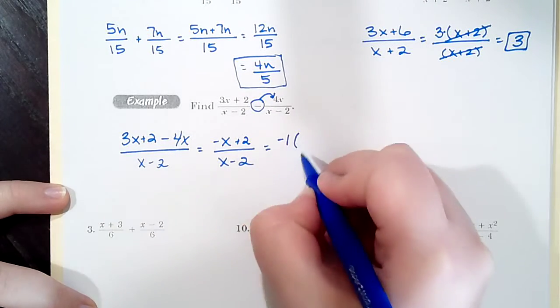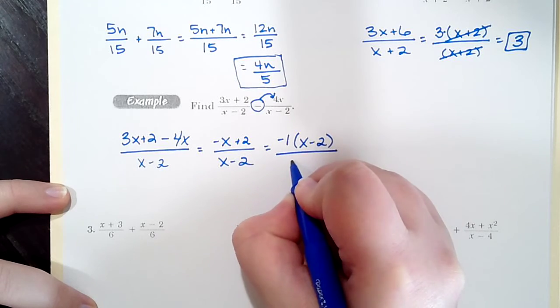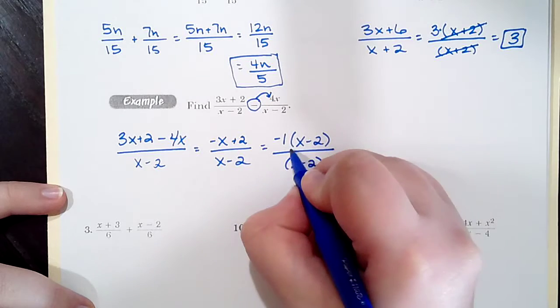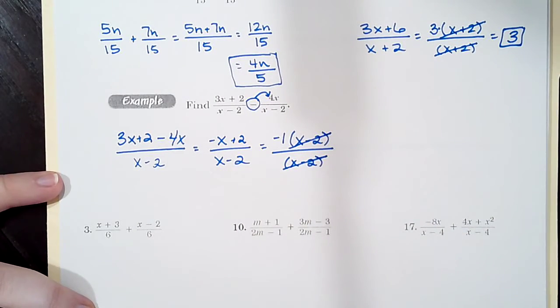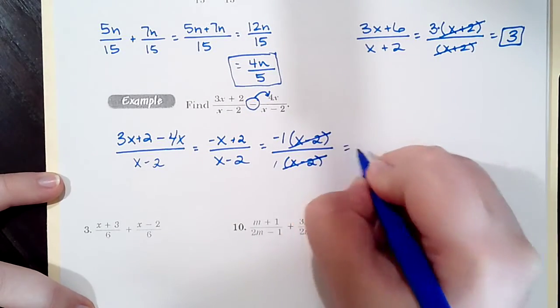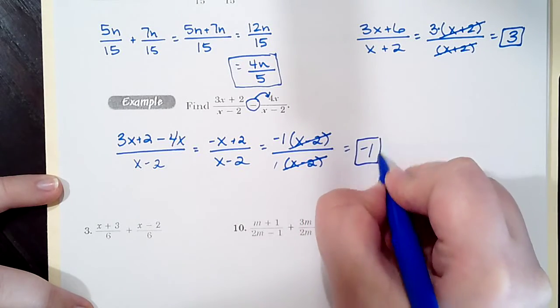If I do that, I get -1 times x minus 2 divided by x minus 2. Hey, that worked. And it allows me to reduce x minus 2 over x minus 2 to just 1. -1 divided by 1 is -1. Hey, that was a pretty convenient problem.